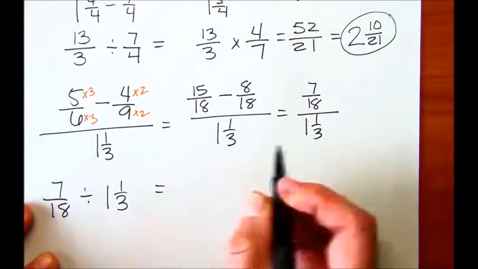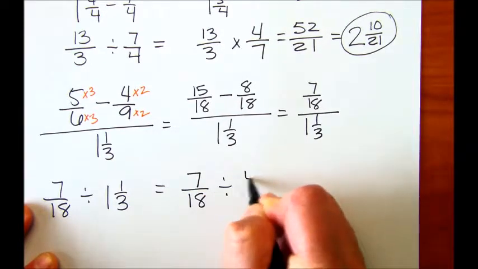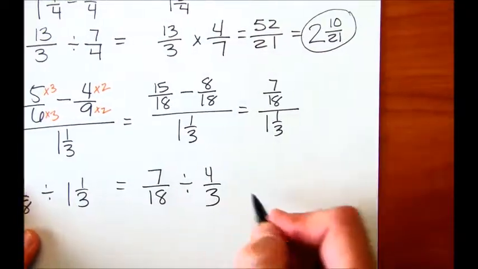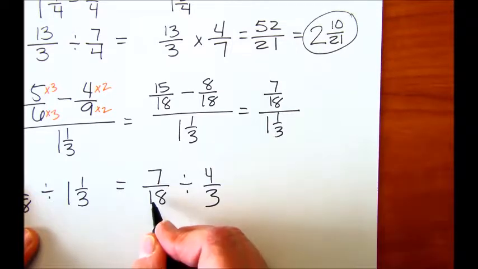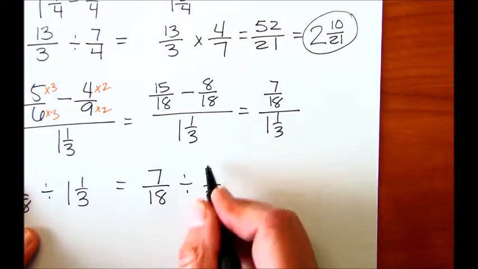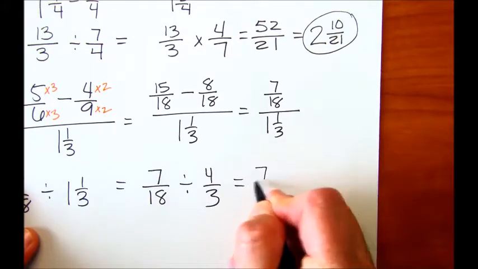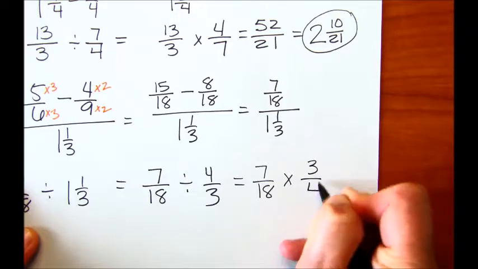So let me rewrite that again: 7 eighteenths divided by 4/3. And I'm going to flip and multiply, or keep, change, change. Keep the first, change the operation, change how this looks. You're basically flipping it. So we've got 7 eighteenths times 3/4.